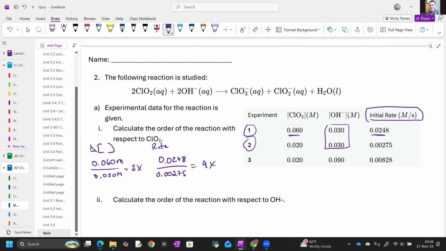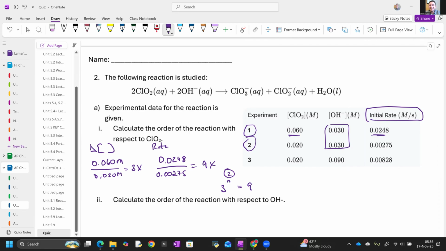So we see that the concentration changed by a factor of 3 and the rate changed by a factor of 9. So if we take 3 to some power equals 9, we would say, oh, well, that is obviously 2. And so we know this is going to be second order.